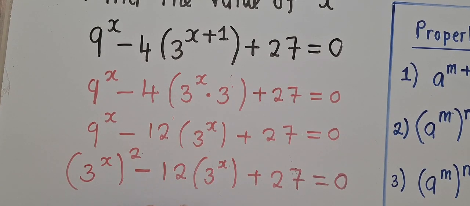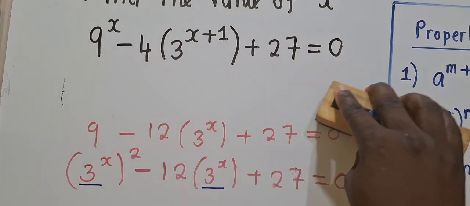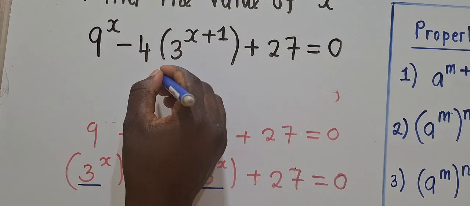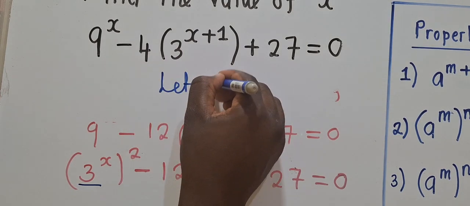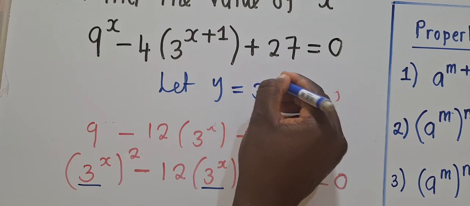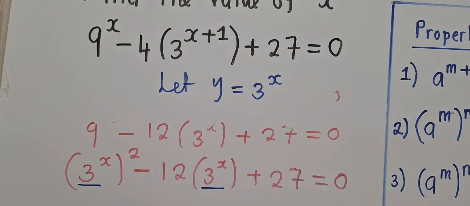So now, this is what we wanted for us to answer. We shall identify what is similar. If you're able to see, what is here is similar to what is right here. So we will substitute some other letter on these two. I'll use a different marker because this point is very important. Let y be equal to 3 power x. If you want, you can say let k be equal to one of these, or let m, whichever letter you want.